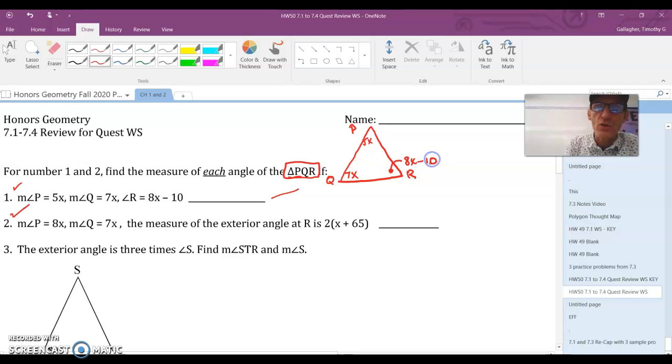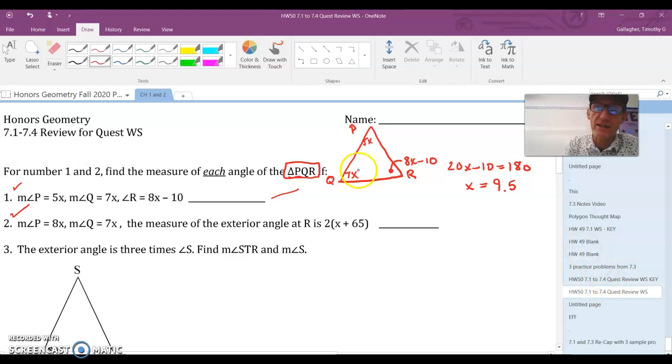So we rely on the triangle sum being 180, so I get 7 plus 5 is 12, plus 8 is 20, so 20x minus 10 equals 180. If I solve for x, I get 9.5. So 9.5 is what I get for x.